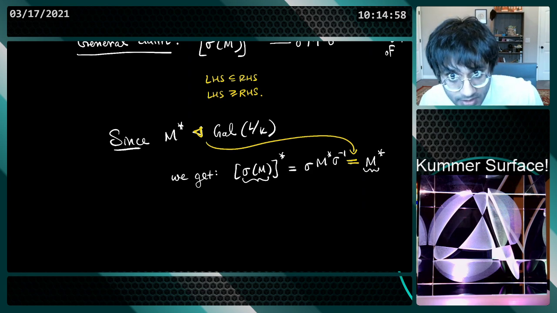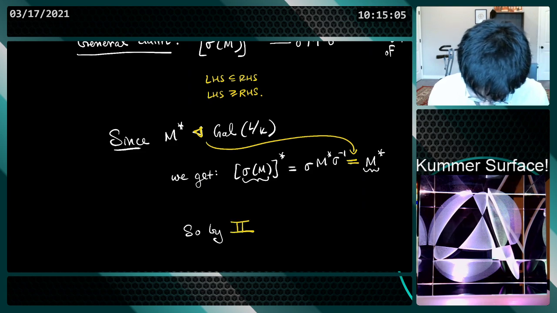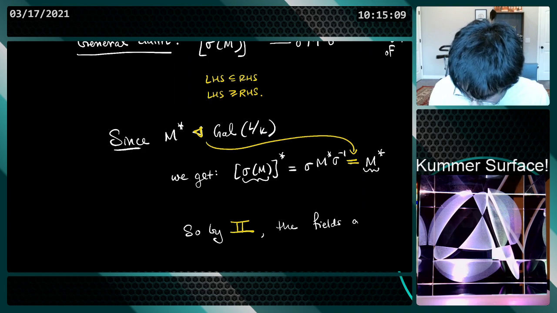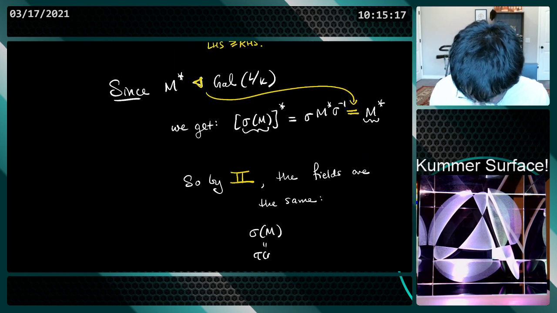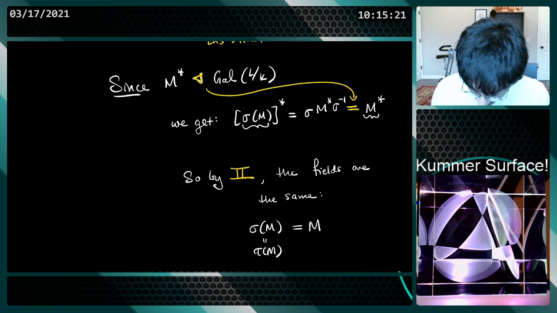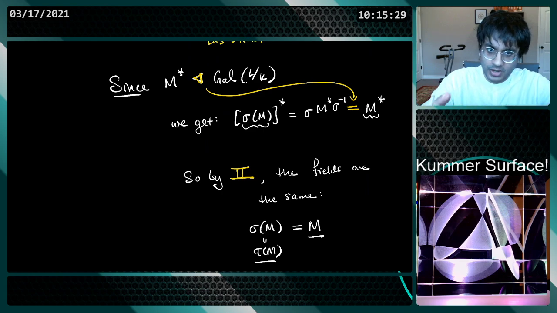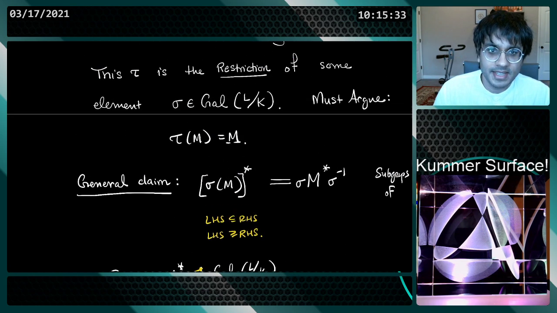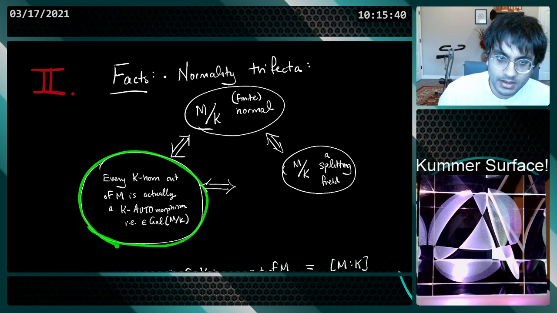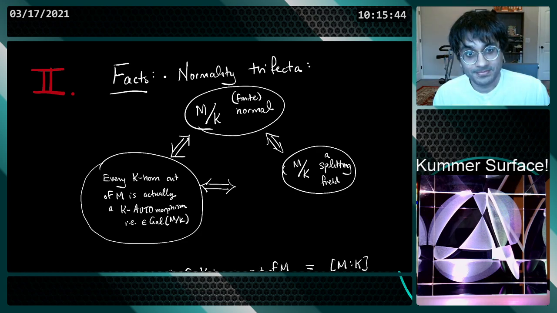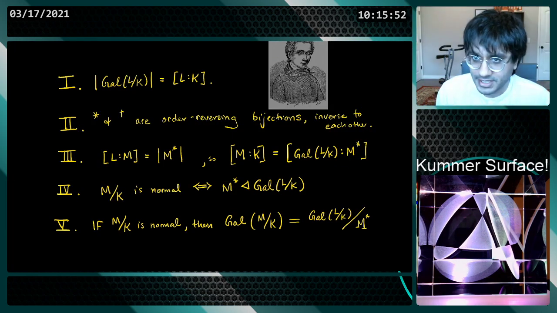And so by part 2 of the correspondence, the fields are the same, which is, by the way, just tau of M. In other words, the effect of tau on M is back inside M again. It's just a verification of the third most important characterization of normality. Awesome. So this is that normal subgroups correspond to normal field extensions.